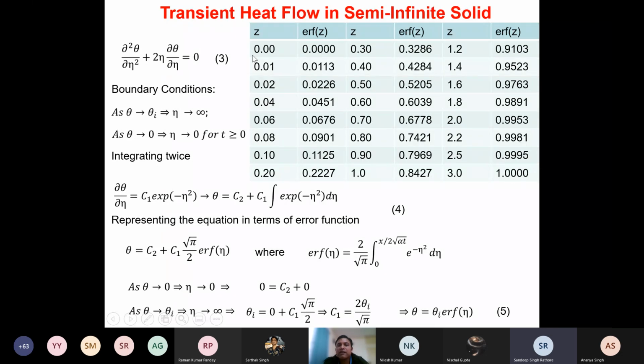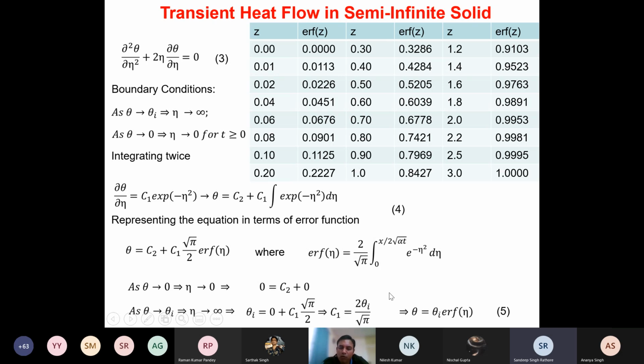Sometimes your eta exactly matches the values given here, then you don't have to worry. Otherwise, if it is in between two values, then you do linear interpolation and find the error function value, and then put that error function value here.